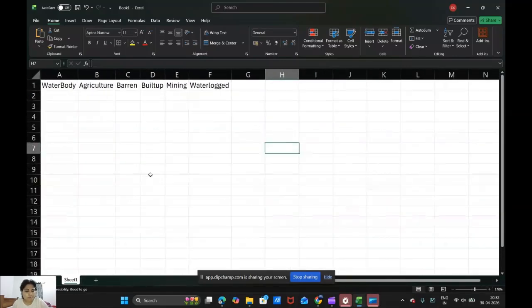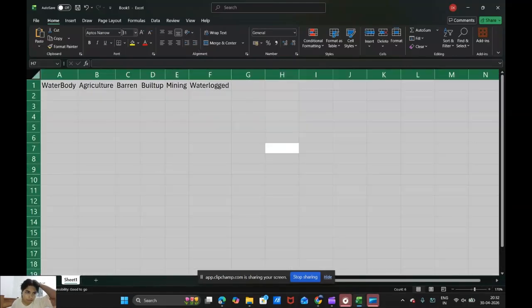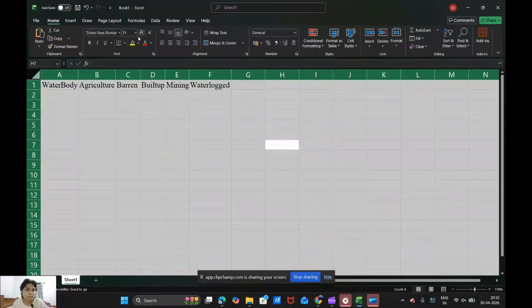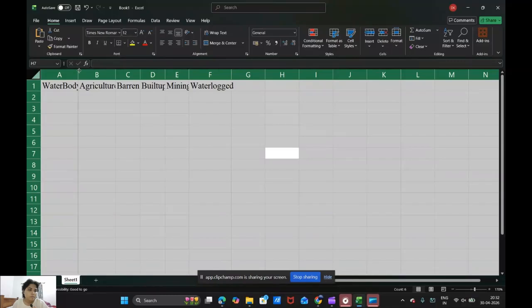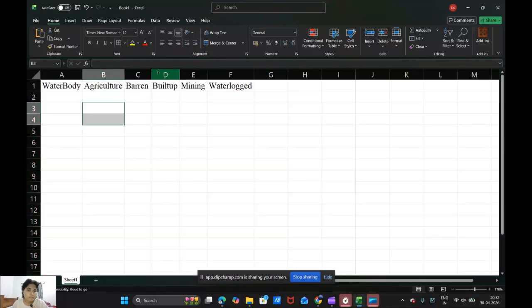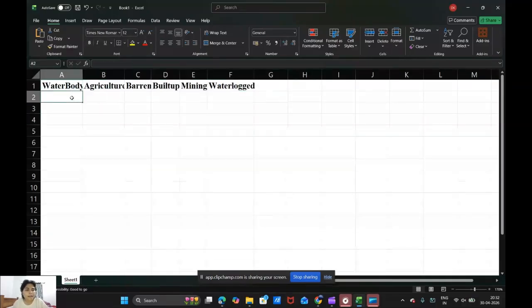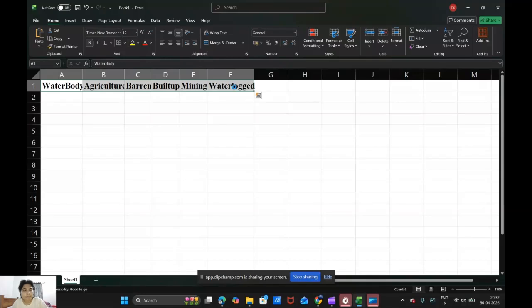I hope this is legible. Okay, so these are the different classes that we have, and let's take them and transpose them over here as well.